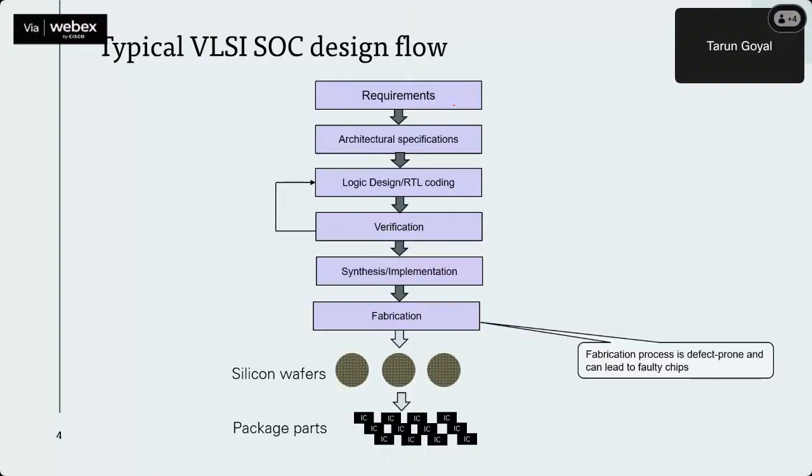Then we will translate those requirements into the architecture specs, which we call the AS. This will define how it will be operating. What will be my supplies, powers, and all? What is the application? All the requirements will be converted into the SOC architecture. Once that's decided and the AS is created, then we come to the logic design. When we are talking about Verilog, Verilog is for the coding, right?